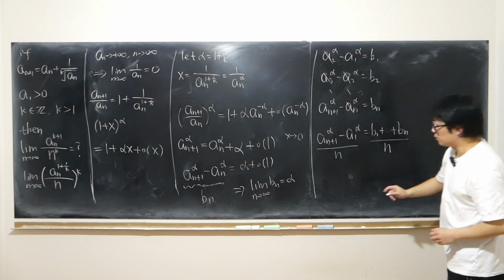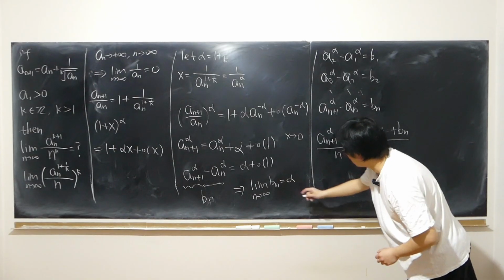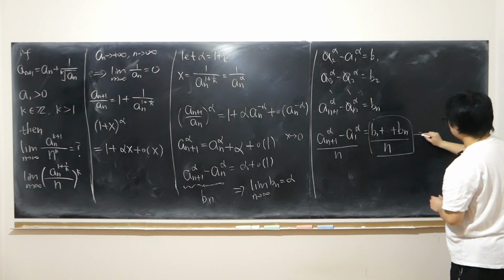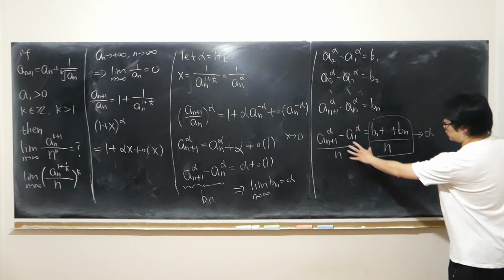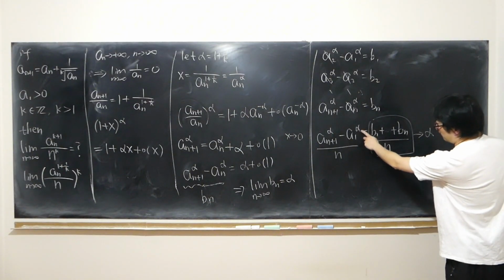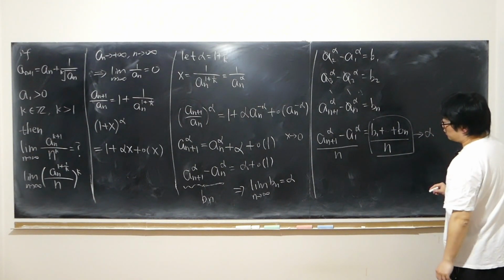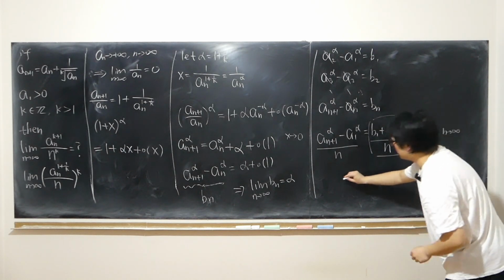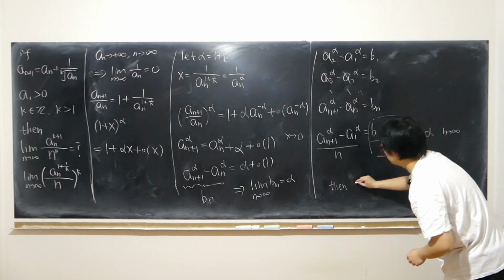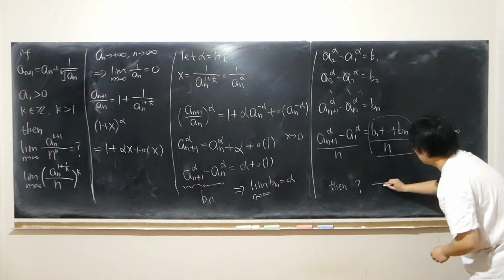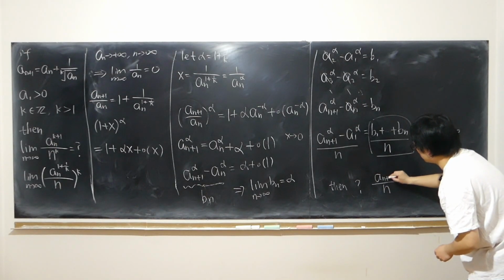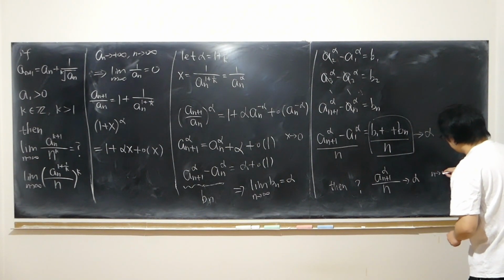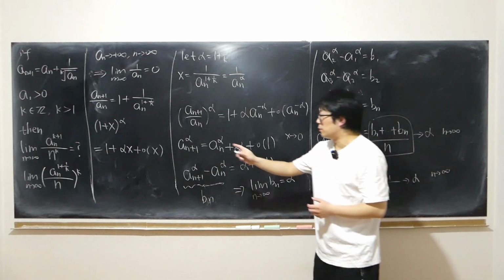Like I said, knowing b_n tends toward alpha, then this will also tend toward alpha. a_1 to the power alpha over n tends toward 0. So if we can show that this tends to alpha, then we can immediately show that a_n over n tends toward alpha, and then we have that desired limit.